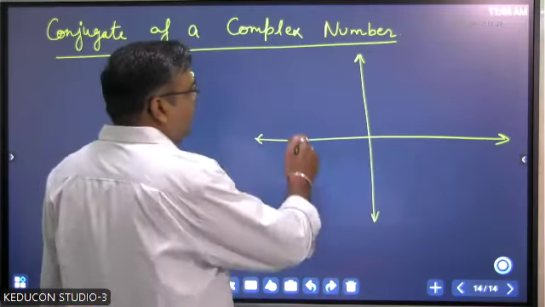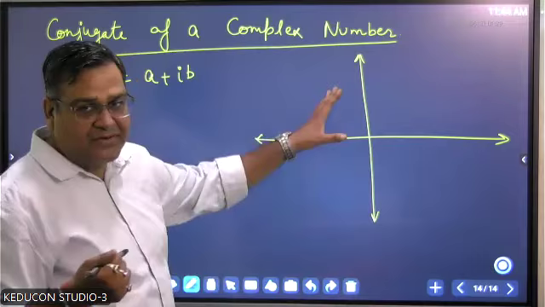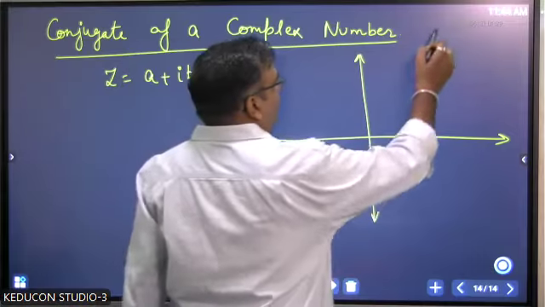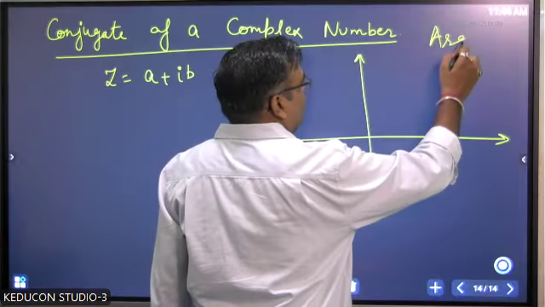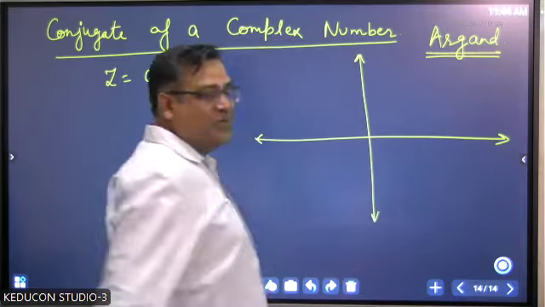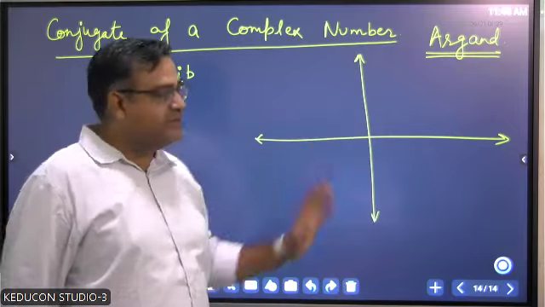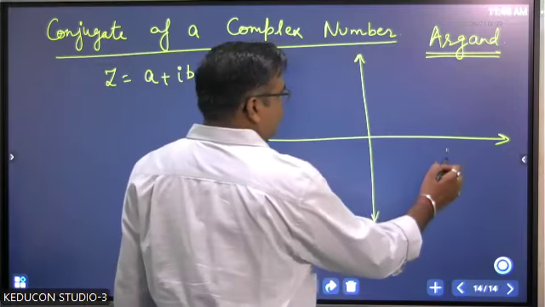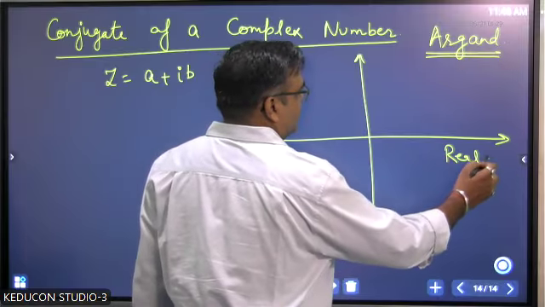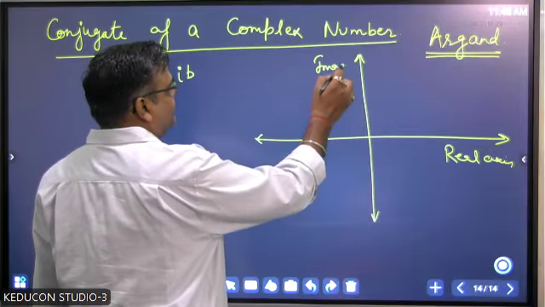Students, when we plot this complex number in graphical form, this plane that was your general plane, you called it the Cartesian plane. Here this plane is known as the Argand plane. There you have x-axis and y-axis. Here the x-axis is known as the real axis and the y-axis is known as the imaginary axis.